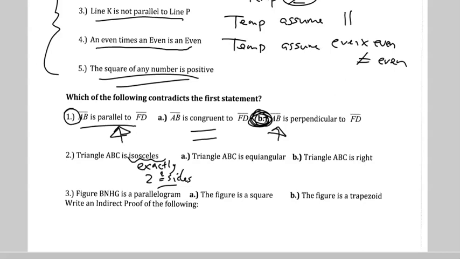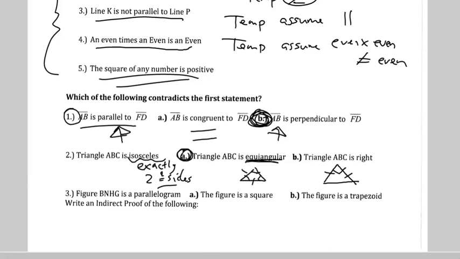If you said right, that is not correct because you could have a right angle here and those being congruent, and now it's isosceles and right. So that is not a contradiction, but it is impossible for it to be isosceles and equiangular because if all of the angles are congruent, then all of the sides are congruent. So that would be a contradiction. Those things contradict one another.